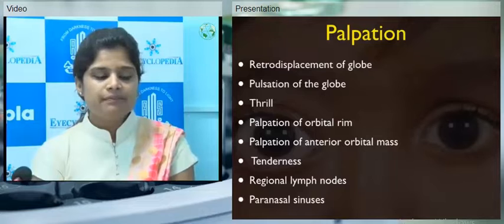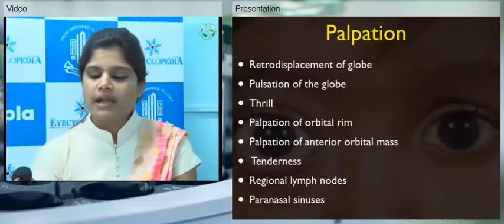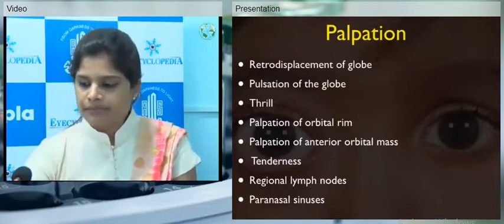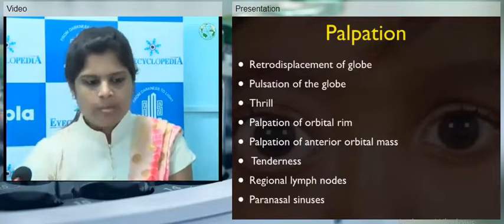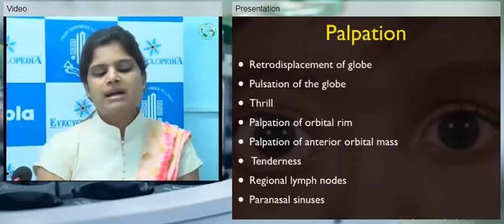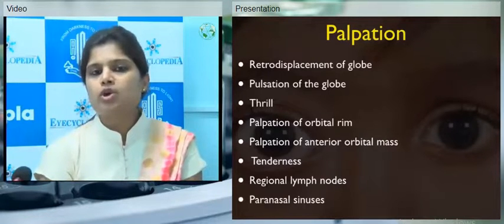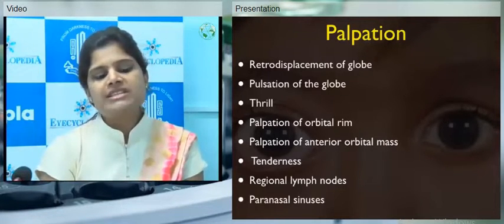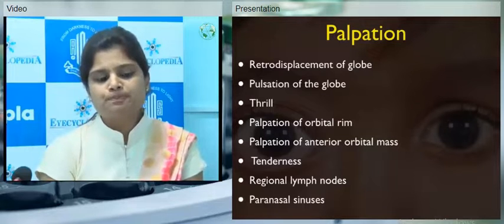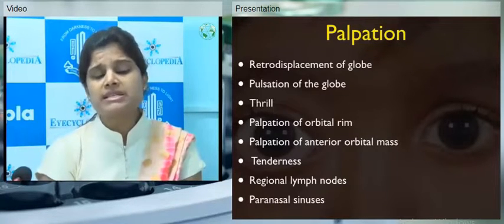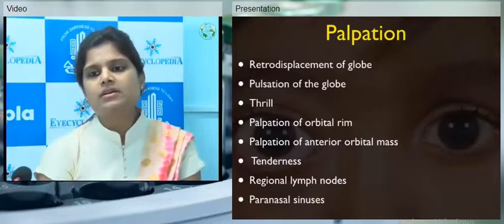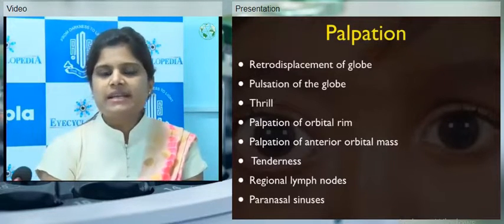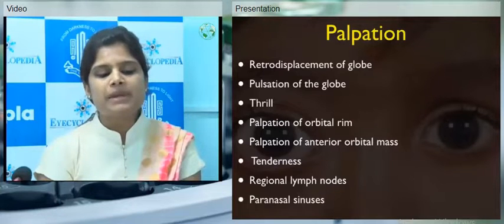And next is the palpation of an anterior orbital mass. If the mass is in the mid-orbit or posterior orbit, obviously we cannot palpate the tumor. But if the mass is in the anterior orbit, just behind the septum, or in the preseptal area extending beyond the septum, then we can palpate it.